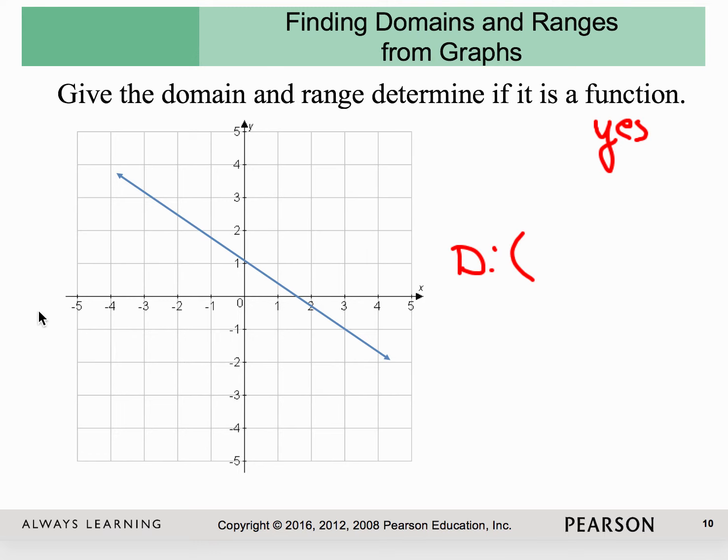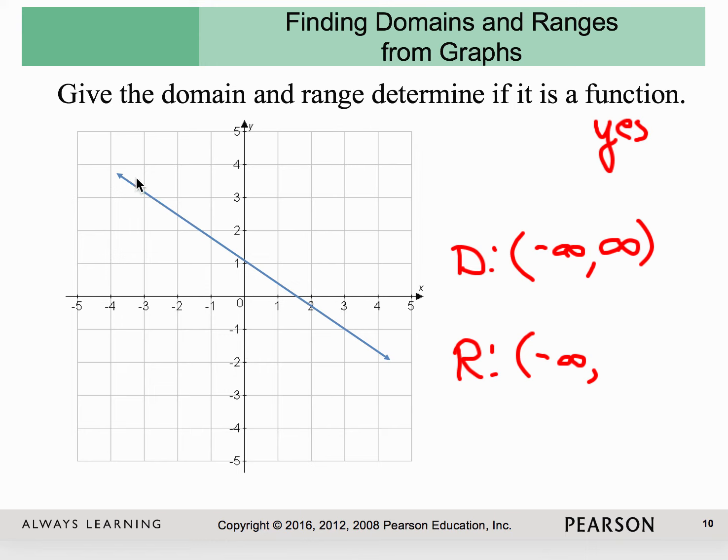What's the domain? Well, if I'm looking across here, there's an arrow going to the left forever, and graph, graph, graph. An arrow means the graph keeps going forever. Range: the first thing I come to is an arrow, which is going down forever, and graph, graph, graph.